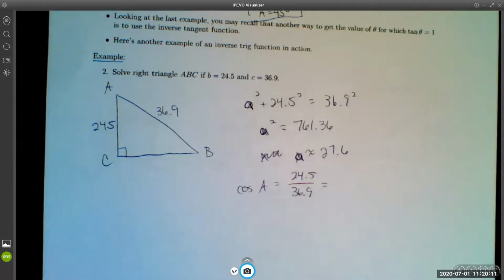And that's a nasty number too. 24.5 divided by 36.9 is about 0.663957, right?